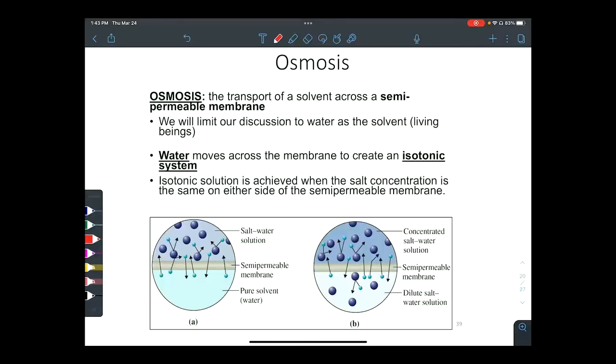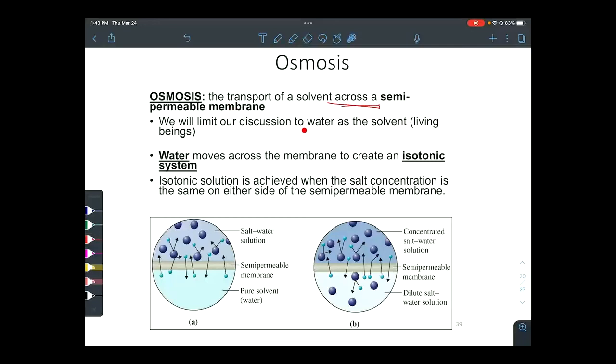Water will always travel through a semi-permeable membrane to make the concentrations of solute equal on both sides of that membrane. That's the whole idea of osmosis. Water will move in the direction that makes it so concentrations of your solutes are the same on each side. So osmosis: solvent goes across a semi-permeable membrane.